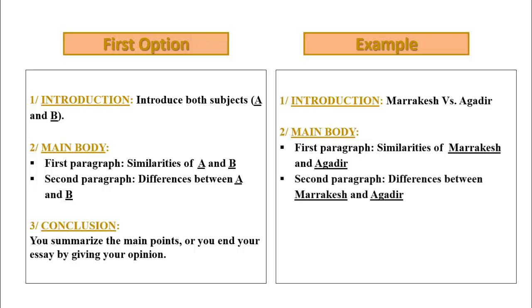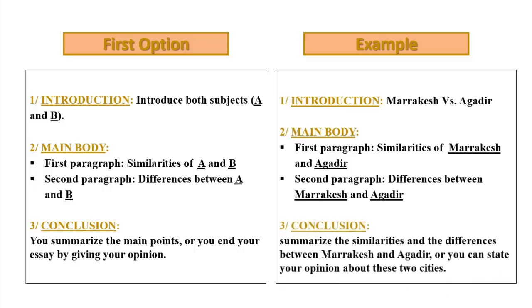And then the second paragraph, you talk about the differences between these two cities. In conclusion, you summarize the similarities and the differences between Marrakesh and Agadir, or you can state your opinion about these two cities. Okay? So this method is called block method.